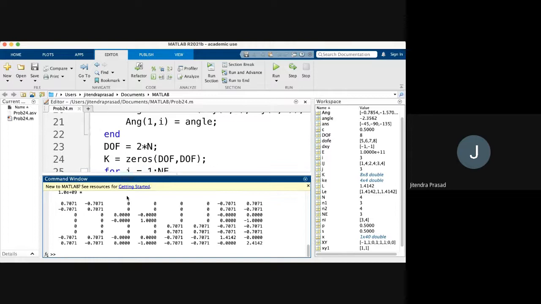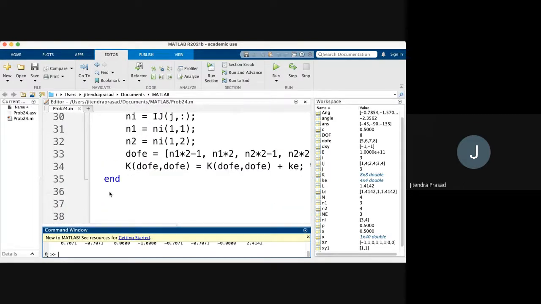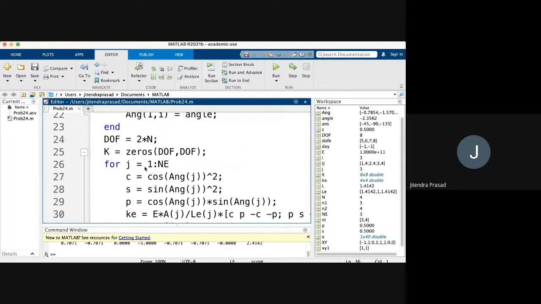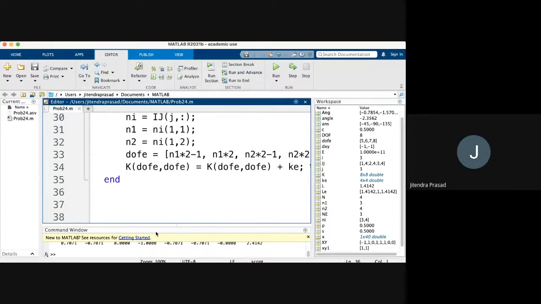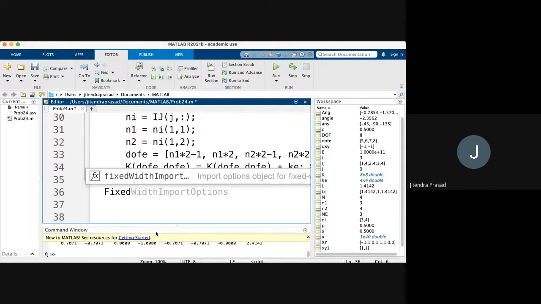And how do you solve it? We have the K matrix. Now we have to define the degrees of freedom. So we have to write the fixed degrees of freedom.